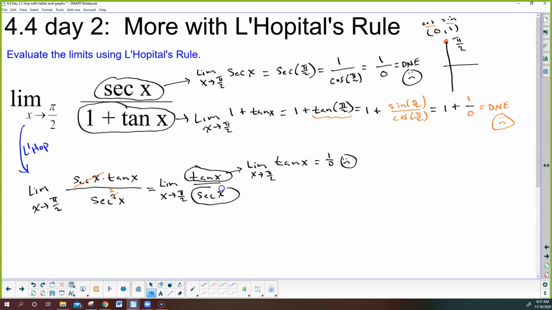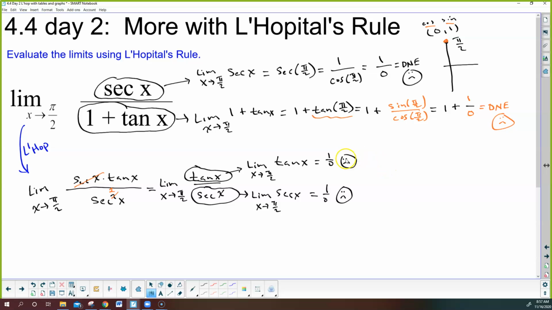And then I have to do the limit of the bottom. Well, wait a minute, didn't we already do that as well? And the answer is yes. We ended up here with 1 over 0, which does not exist. So I cannot get an answer.